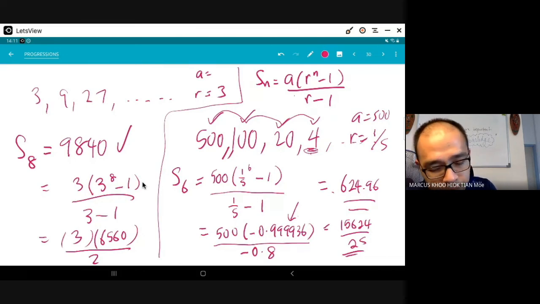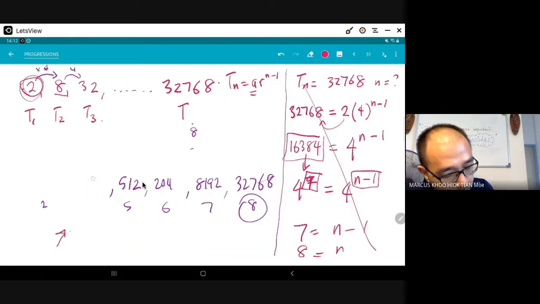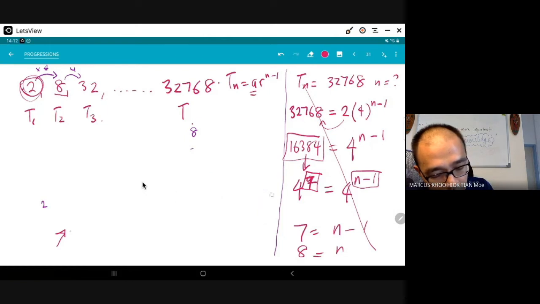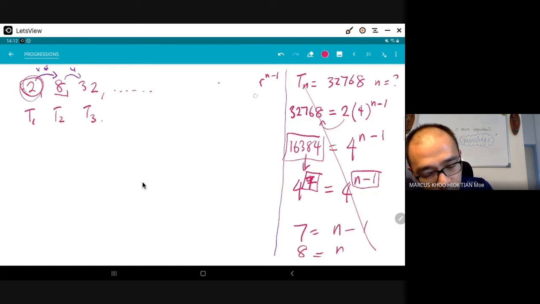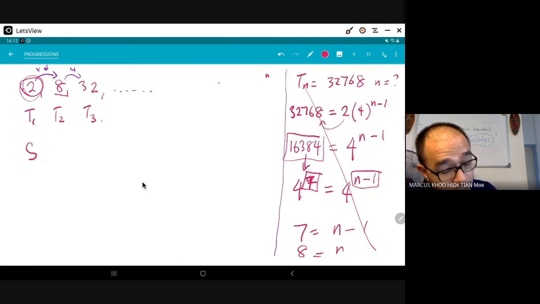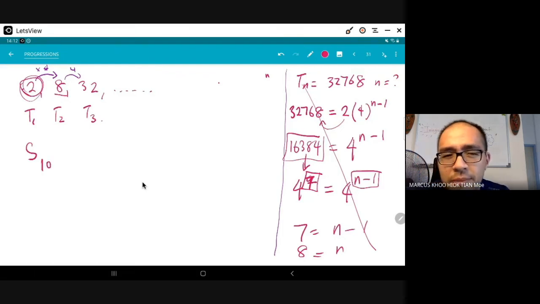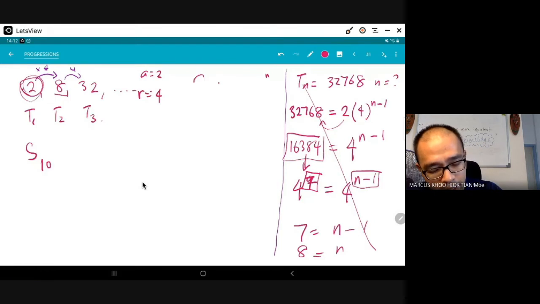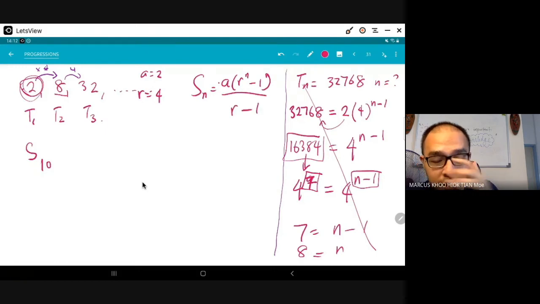Okay, alright, same thing. 2, 8, 32, but this one I did not give. Okay, 2, 8, 32, I want you to find S10. It's going to be a very big number, but try. Okay, A equals to 2, R equals to 4, Sn equals to A Rn minus 1 over R minus 1. Okay, try.